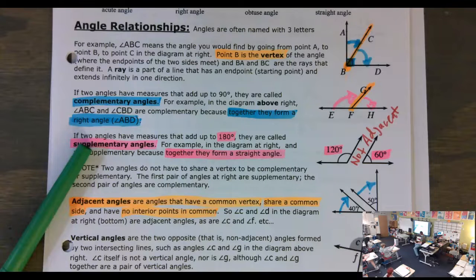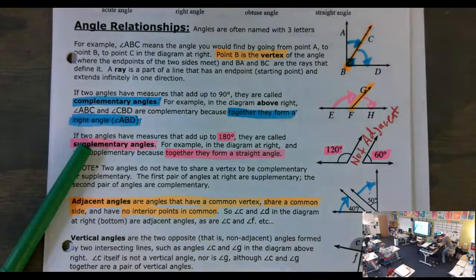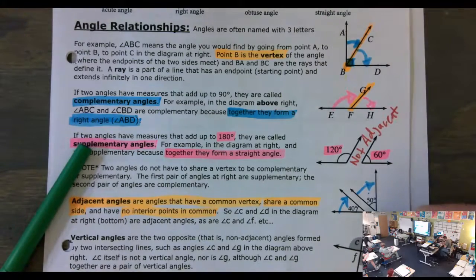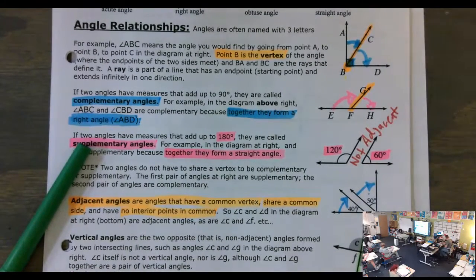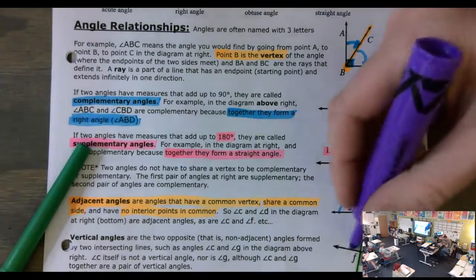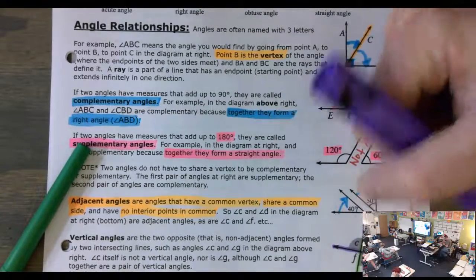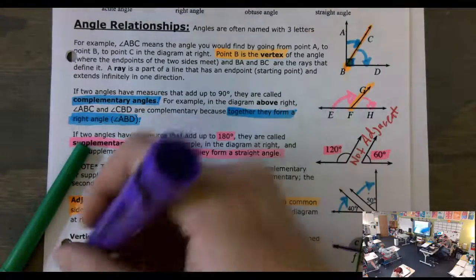So I've indicated this on your paper, like C and G are vertical with each other because we have two straight lines, right? Two intersecting lines.